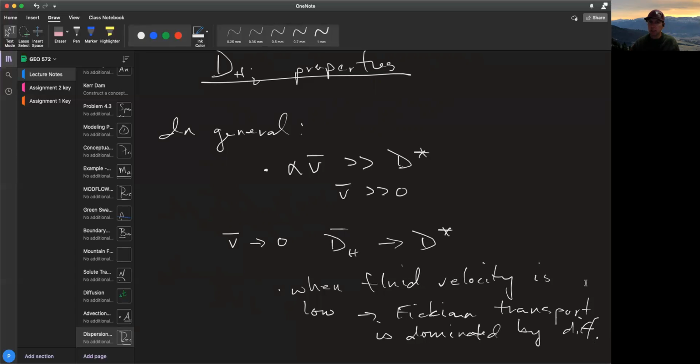I want you to know that we made some big assumptions to do that. We assumed that the dispersivity tensor is aligned perfectly with the fluid velocity vector, and that our dispersivity doesn't change when the fluid velocity vector changes. In reality, that's not the case, but it's an assumption we generally make.